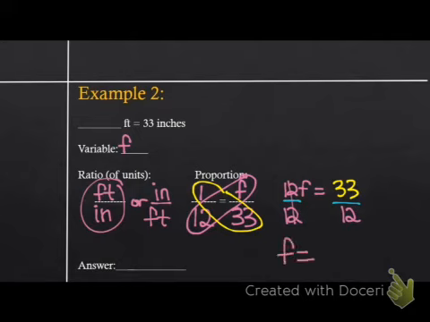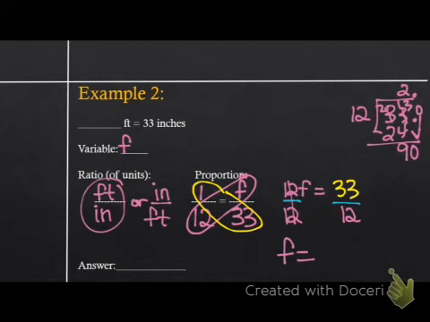So now I'm going to divide 33 by 12. 12 goes into 33 twice. I have to add my decimal. 12 goes into 90 seven times.